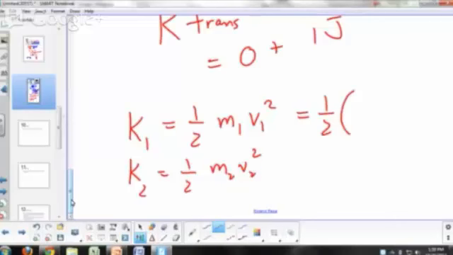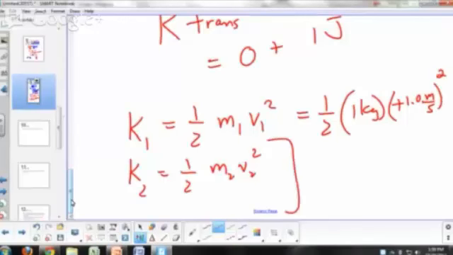m1 is 1 kilogram. v1 is positive 1.0 meters per second. I square that, so this is equal to 1. 1/2 times 1 times 1 squared, 1/2 joule, right? So kinetic energy of particle 1 is 1/2 joule.